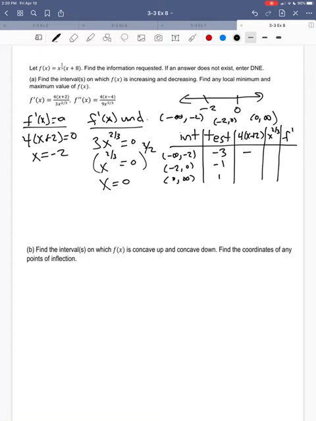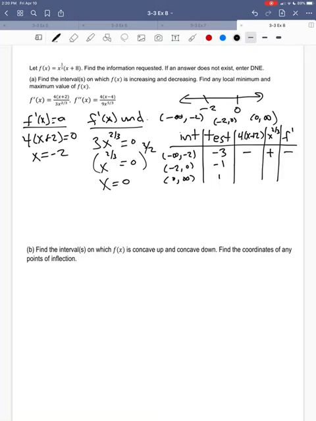The cube root of negative 3 is negative, but then I square it, and that becomes positive. Then f prime is the 4 times x plus 2 divided by 3x to the 2/3, so negative divided by positive is negative.